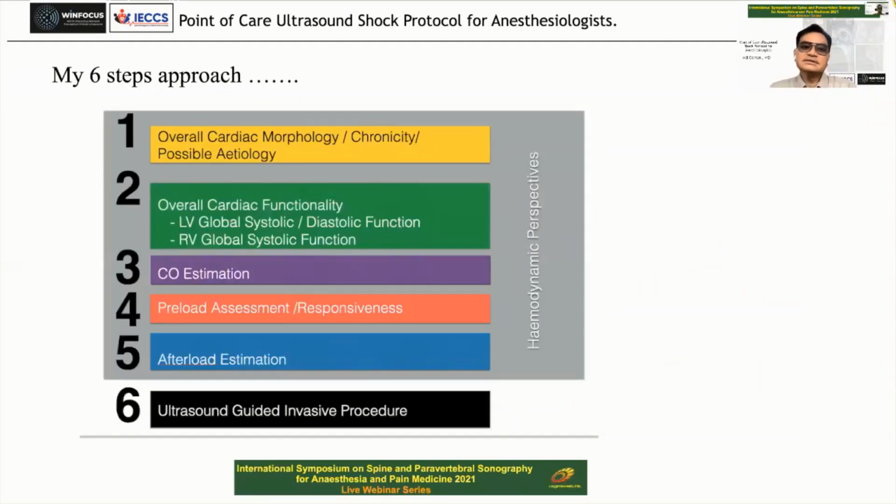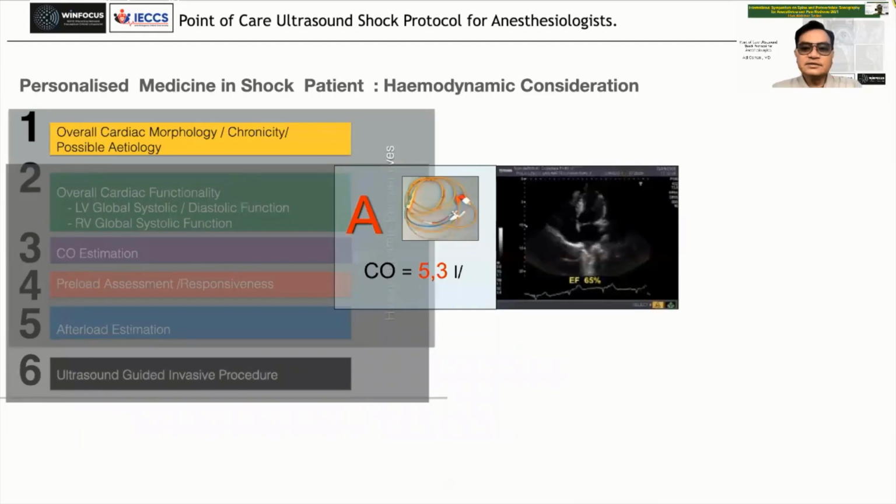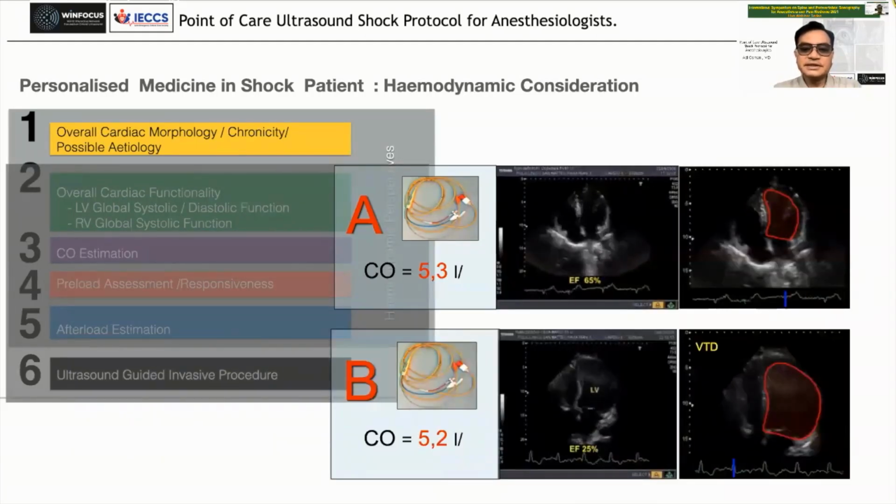So going back to this 6-step approach, in step 1 we need to look at the overall cardiac morphology, looking for pre-existing cardiac chronicity. I will just give two examples. These are two different patients, patient A and patient B, with the same cardiac output.